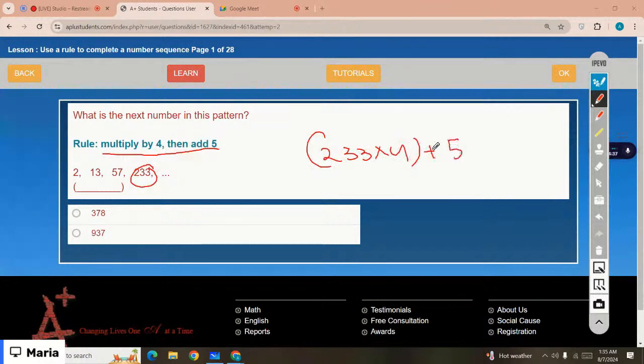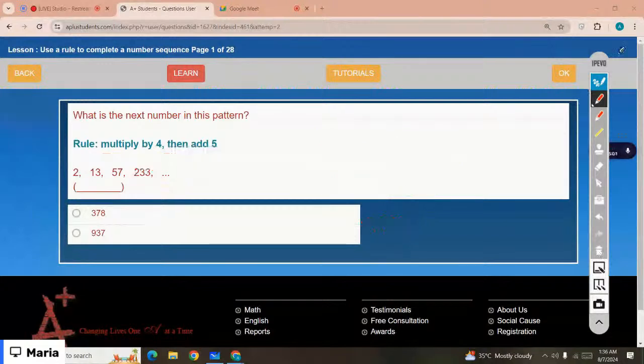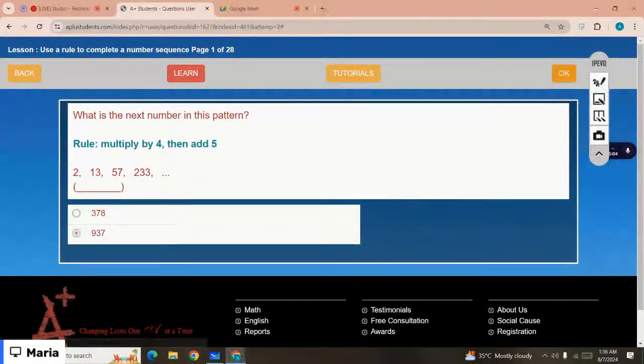You have to add 5, right? So 4 times 233 is 932. You need to add 5. So 932 plus 5 is 937. Option number 2 is the correct option. Got it? The correct option is option number 2, that is 937.